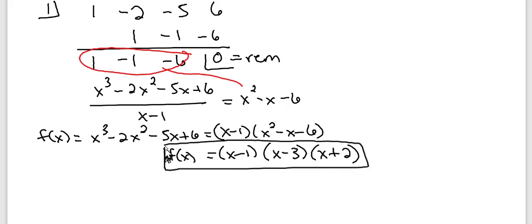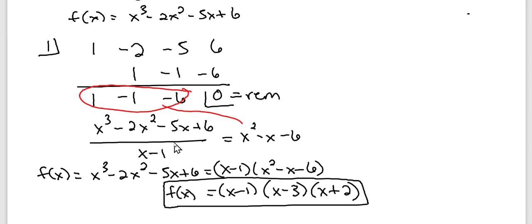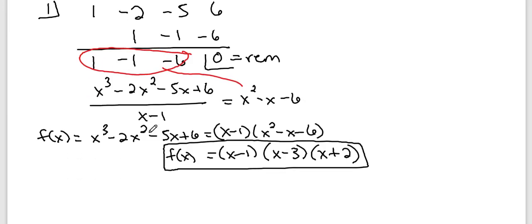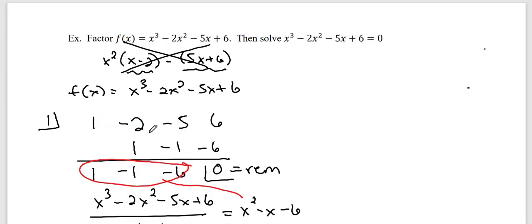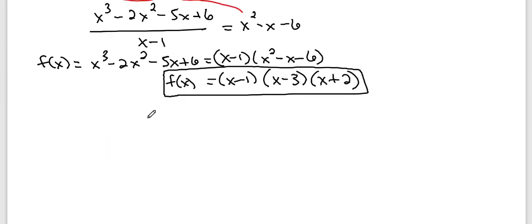This question asked for that function in factored form. Finding that one factor really helped us here because it got us down to a quadratic that we could then further factor. The question also asks us to solve that polynomial equal to 0. So set this equal to 0.